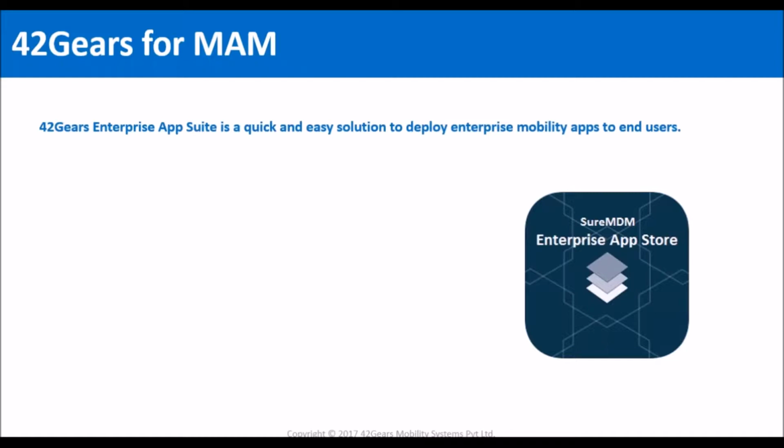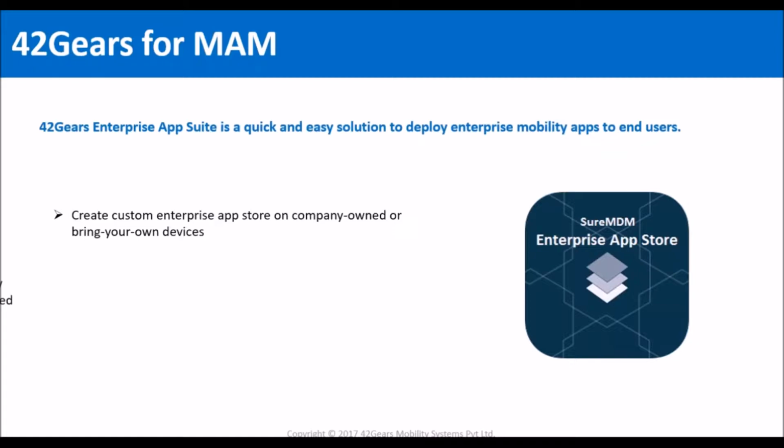42Gears Enterprise App Suite is a quick and easy solution to deploy enterprise mobility apps to end users. We offer an enterprise app store specifically designed to push or update applications securely to end user devices. 42Gears allows a custom app store to be created on company or employee-owned devices, allowing users to directly download the apps to their mobile devices.